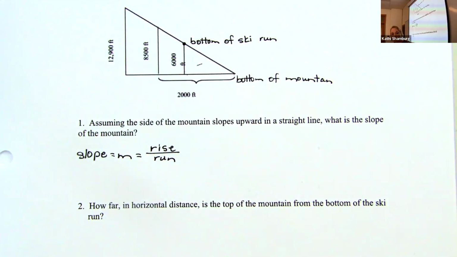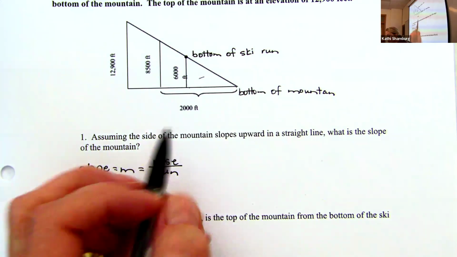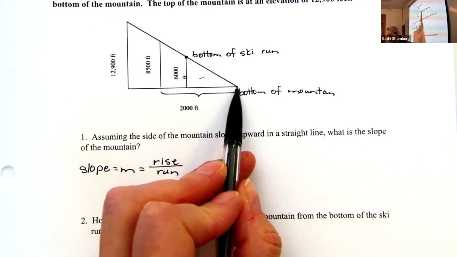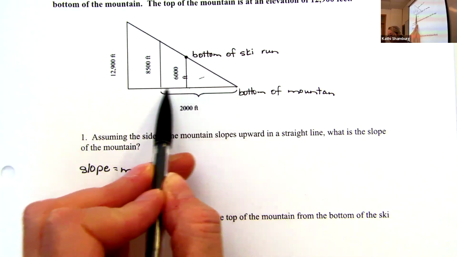So when you're looking at this, is there anywhere where you have the rise and the run for which you can find the slope? Well, 2,000 is from here to here. If we were going to use the 12,900, I would need this whole bottom.